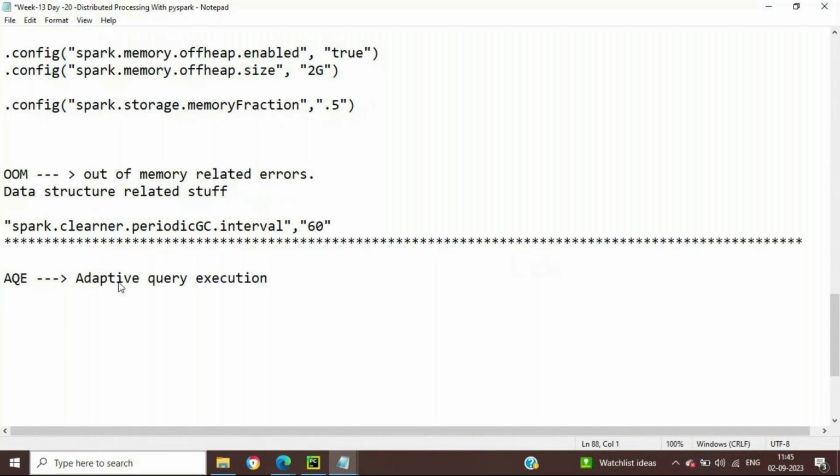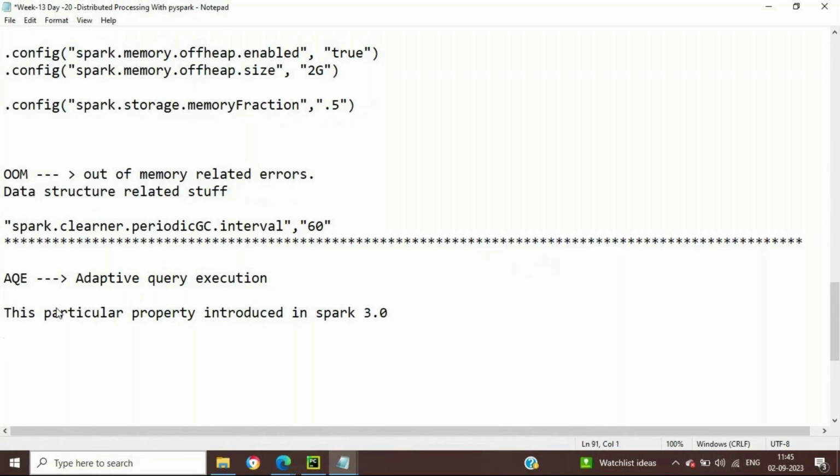Okay, so this particular property came inside Spark 3.0. This property was introduced in Spark 3.0.